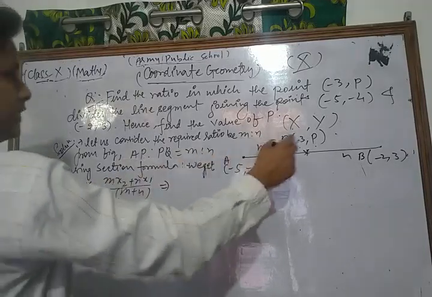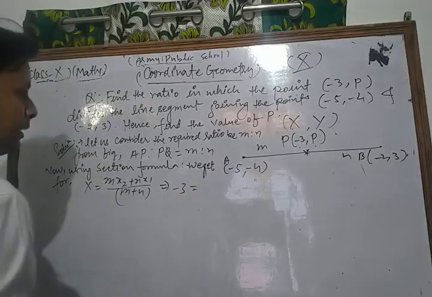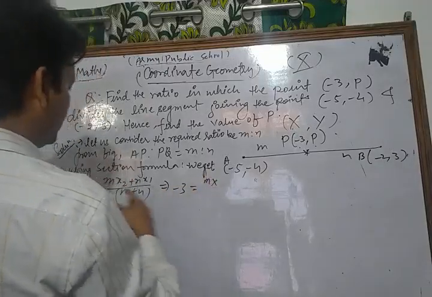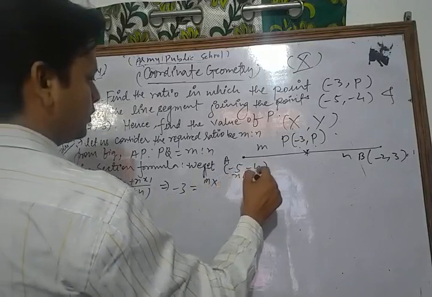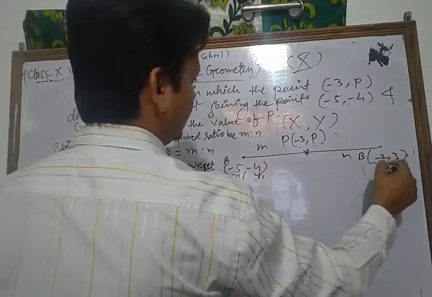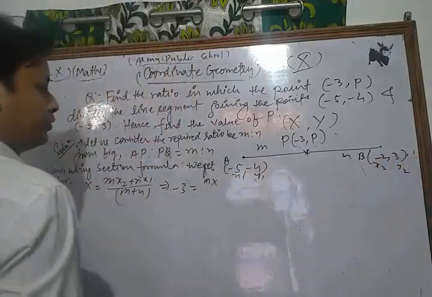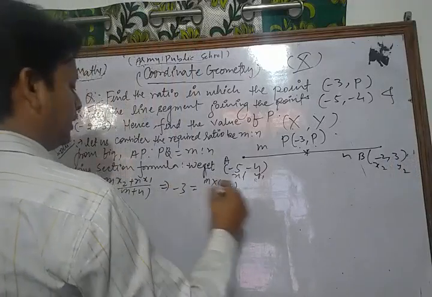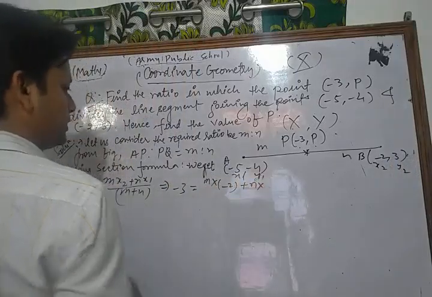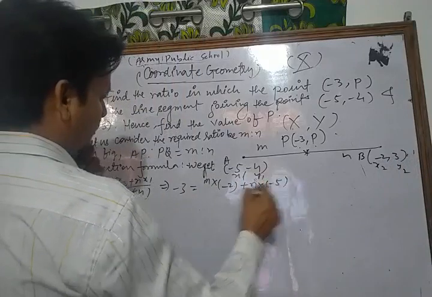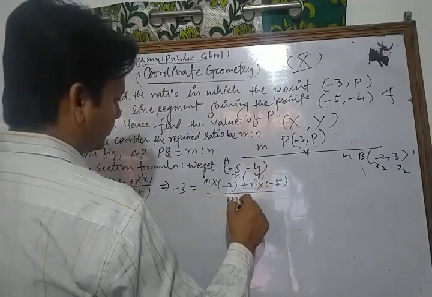That is, capital X, which is minus 3, is equal to m times x2, where we take x1 y1 and x2 y2. X2 is minus 2, plus n times x1, which is minus 5, upon m plus n.